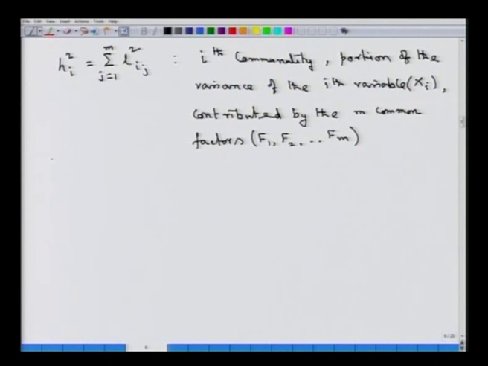Now we put as a remark the following: how are we going to verify this m factor model?